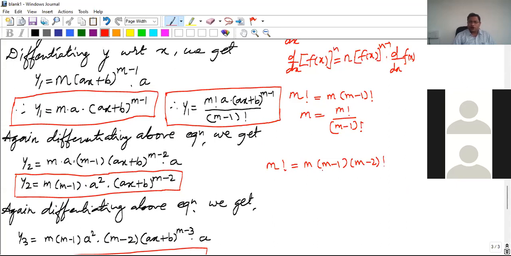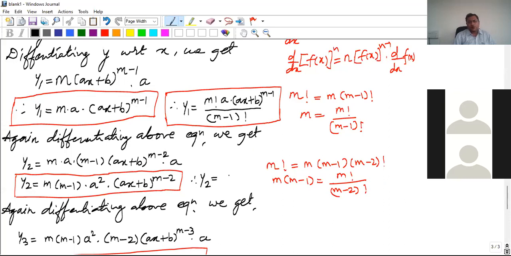So this term we want, m into m minus 1, can we write as m factorial upon (m minus 2) factorial? Yes.